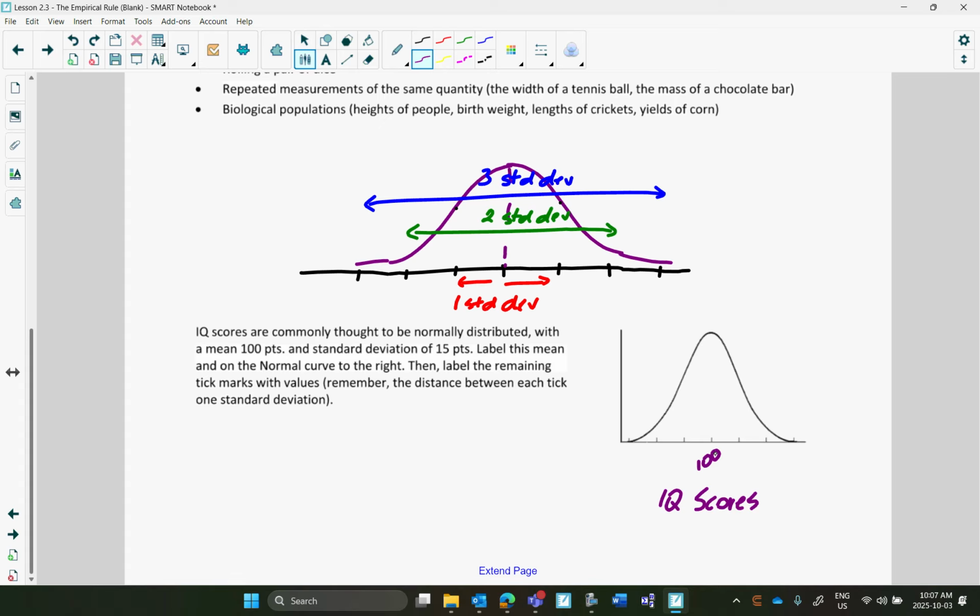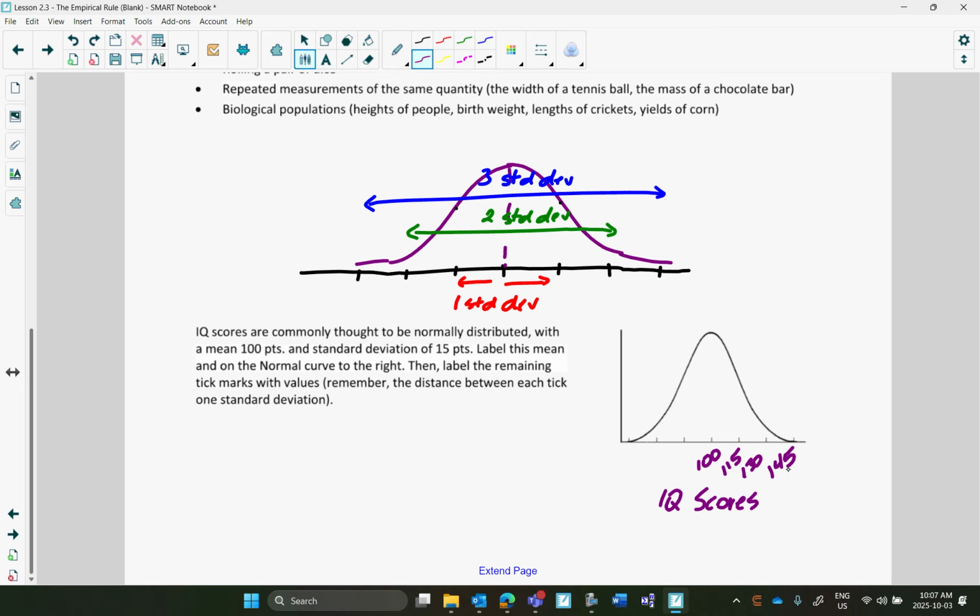We know that 1 standard deviation is represented by 15 points. What would this value be? What would this value be? 130. And this value? 145.